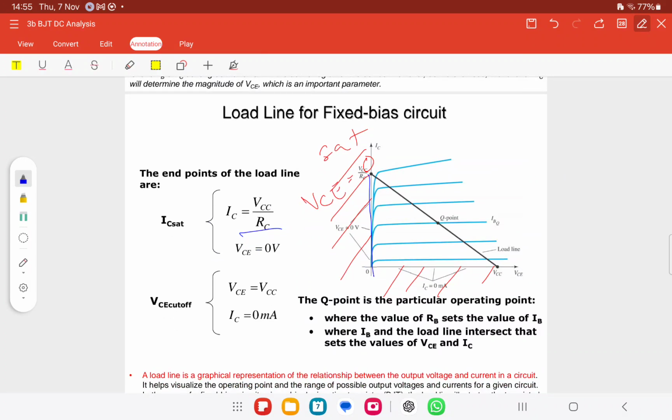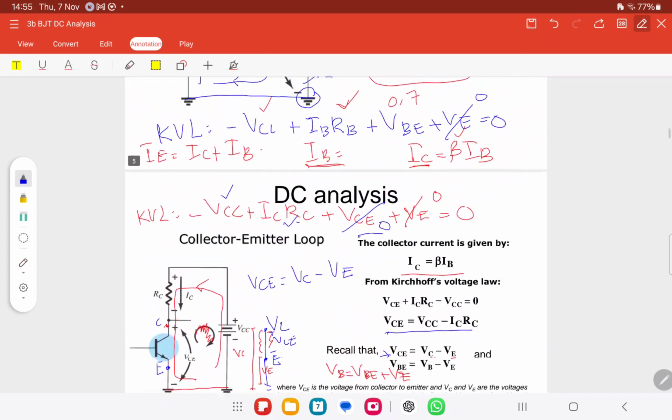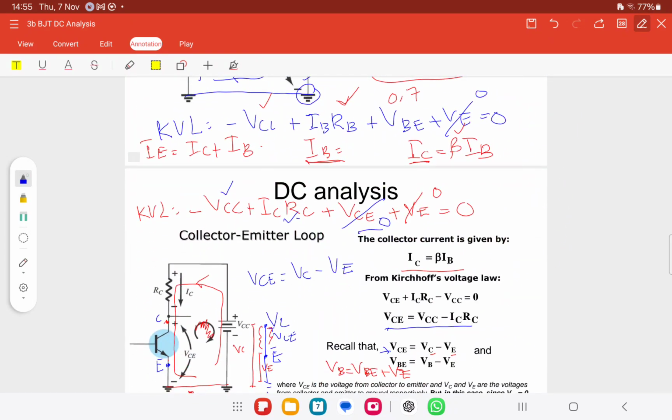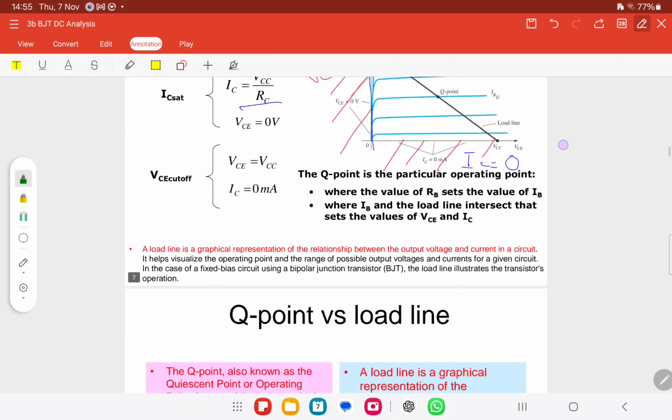Kita nak tengok for cut off. Cut off yang bawah, IC equals to 0. Okay? For that one, kalau yang tu equals to 0, VCE sama dengan VCC.